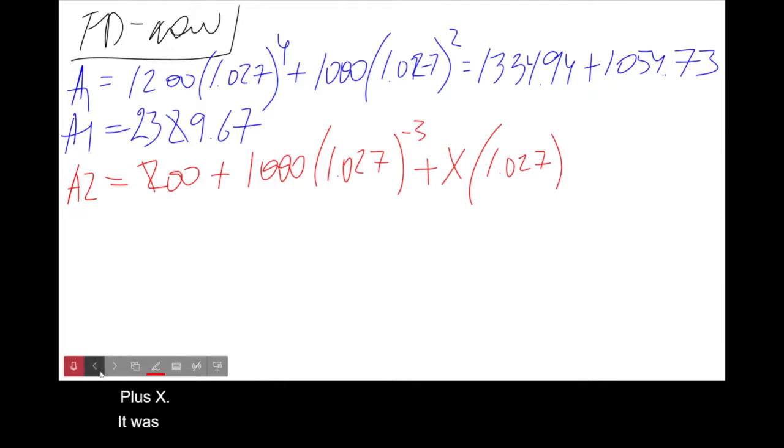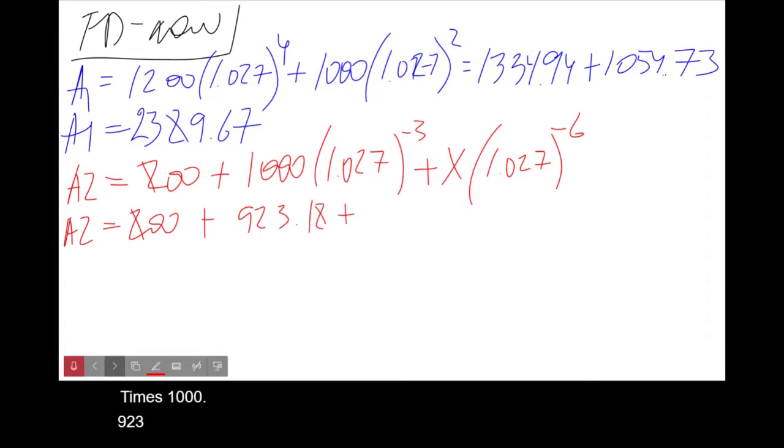It was 18 months, right, guys? Yes or no? Yes, so exponent minus 6. So agreement 2: 800 plus 1,000 times 0.9231 plus 0.85227 times x.